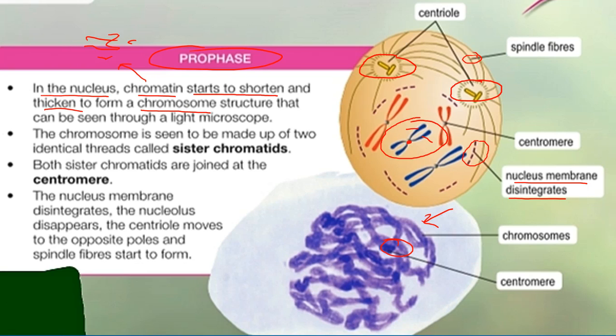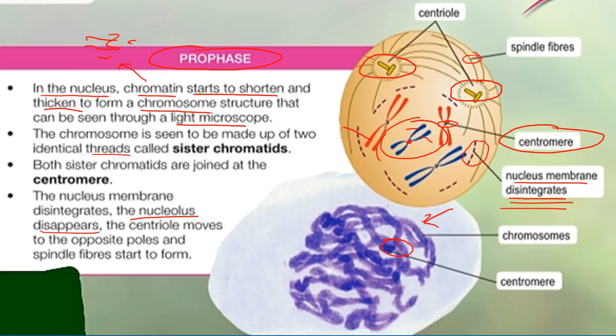This chromosome structure can be seen through a light microscope. The chromosome is seen to be made up of 2 identical threads called sister chromatid, and the sister chromatids are joined at the centromere. The nucleus membrane disintegrates.